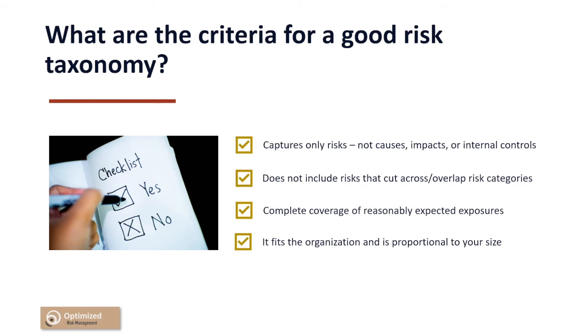In fact, for this reason, I argue that this is an impact of a risk rather than a risk. Most importantly, ensure that you capture a broad range of risk categories that are relevant for your business. But at the same time, keep it simple and in line with the size and complexity of your business.